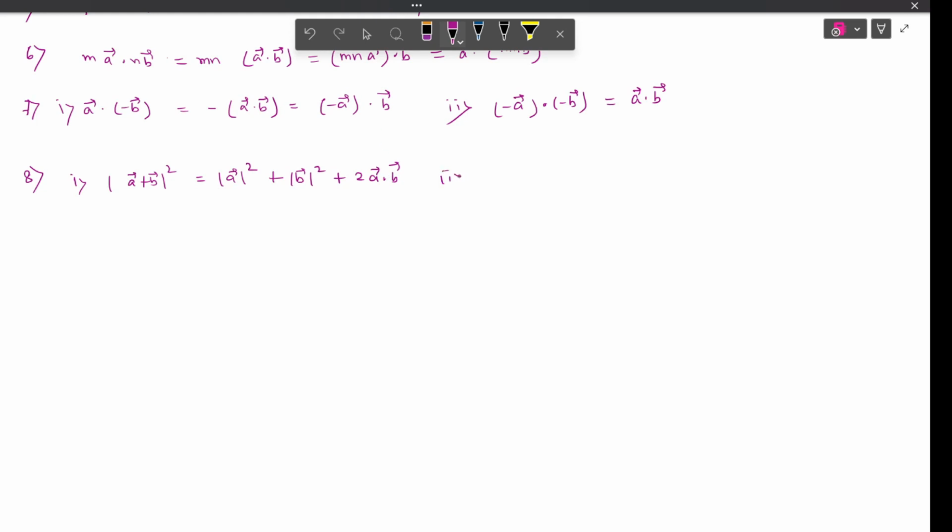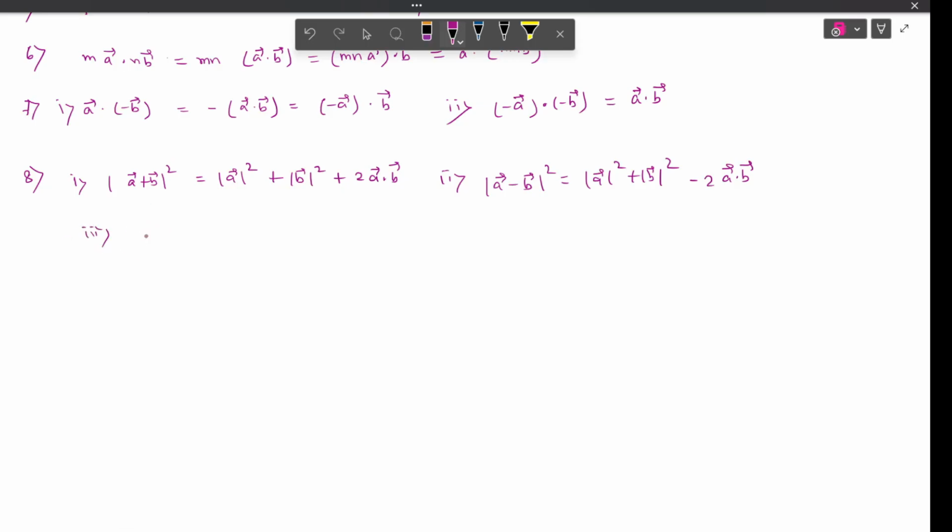Similarly, for minus, we can write modulus of a vector minus b vector square, that should be modulus of a vector square plus modulus of b vector square minus twice of a dot b.